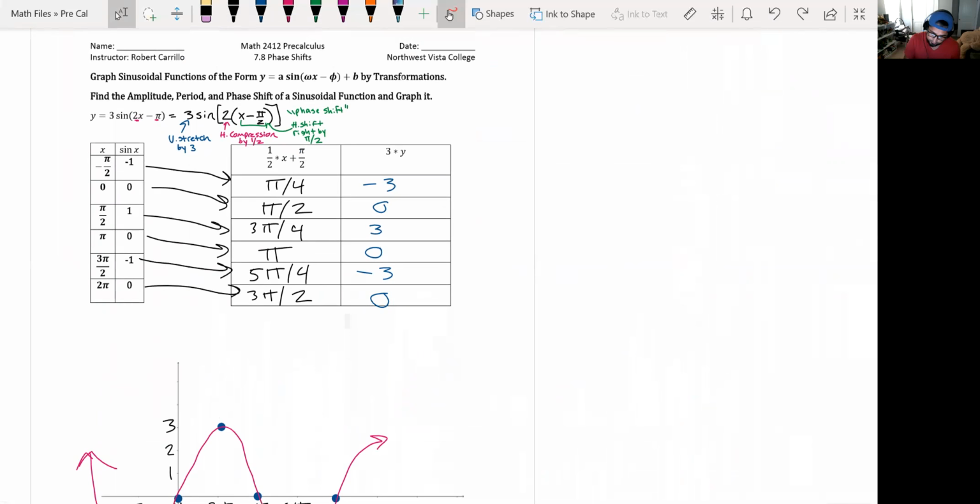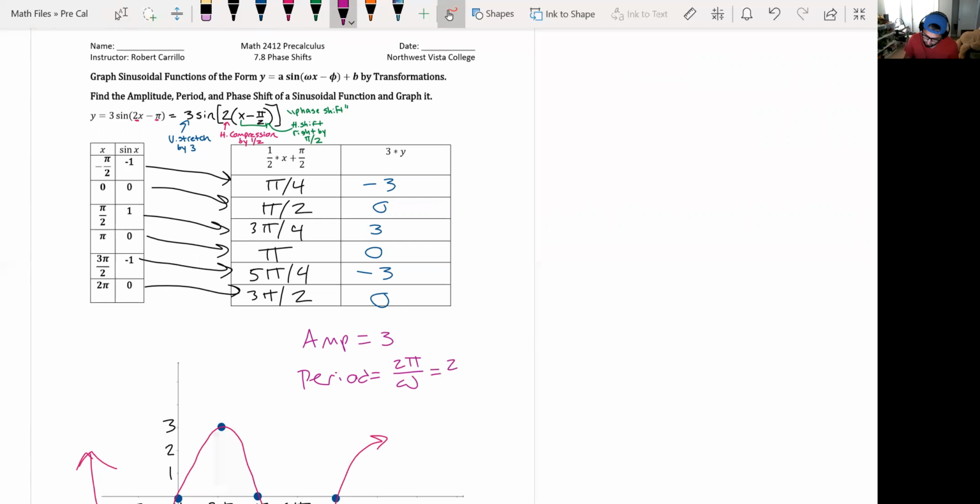So first off, the amplitude was 3. The period is always 2 pi over the absolute value of omega. And here our omega was 2.